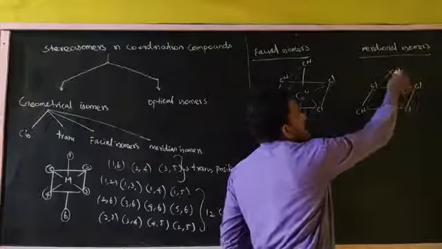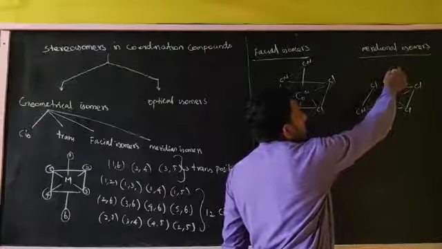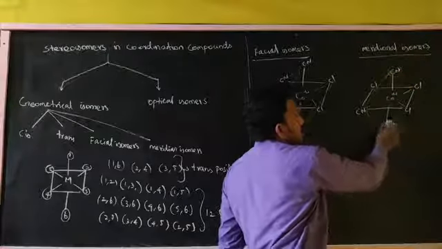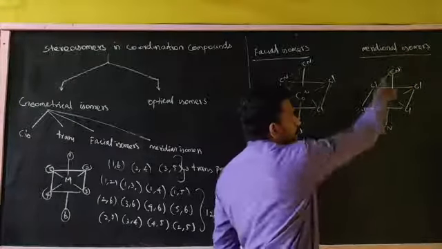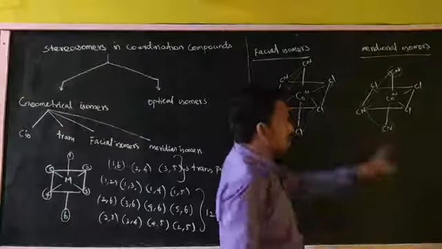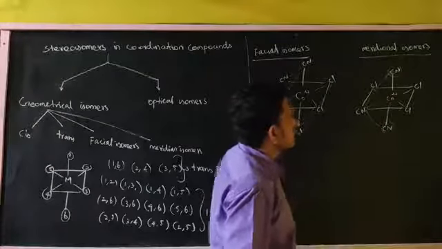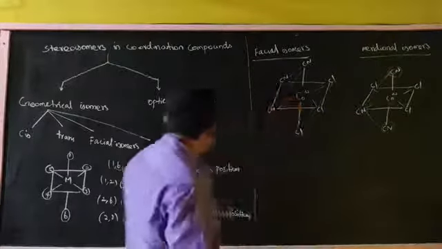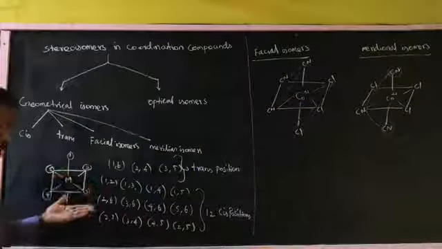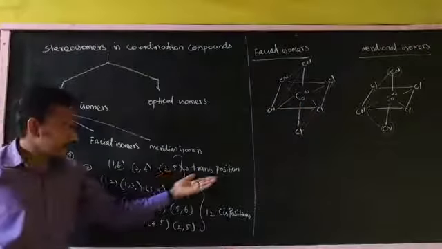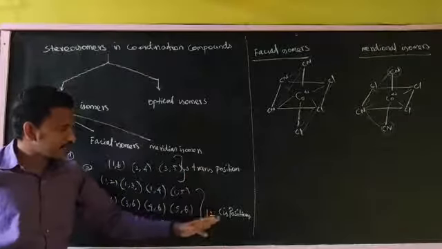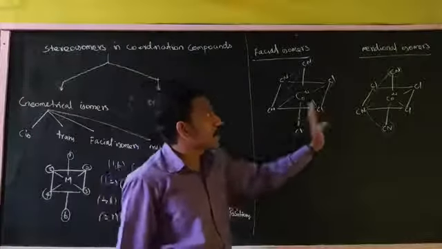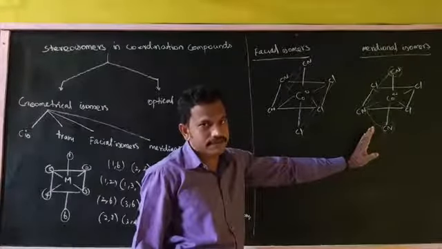We can say the apex, the meridian, is taken as an imaginary semicircle to the opposite apex. It is called meridional isomer. So in the octahedral geometry, we can find trans positions, and 12 cis positions also. Then how the facial isomer will be, and how the meridional isomer will be, right?